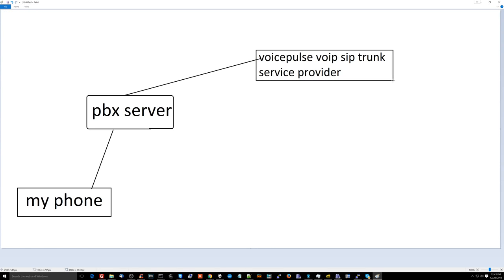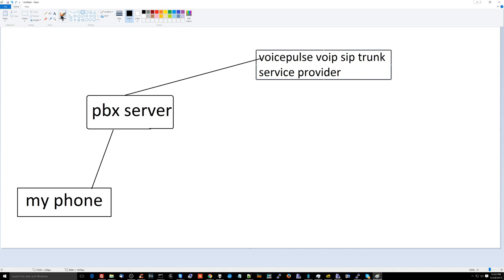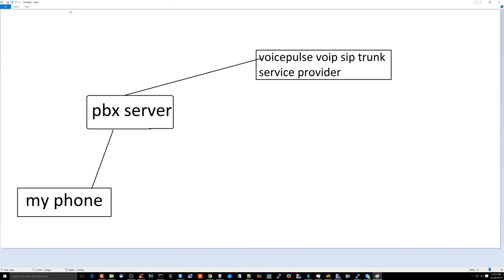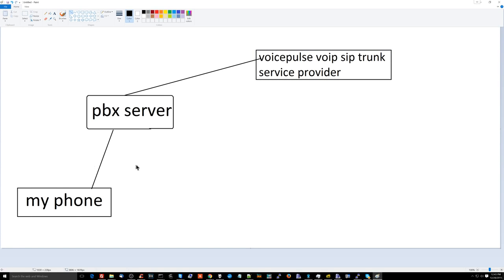They're very, very good. Their service has always worked for me. Now, VoicePulse is then going to connect me to the public switched telephone network. The public switched telephone network is the rest of the world. So again, my PBX is going to be dealing with all of my internal phones. The public switched telephone network is what's going to be dealing with the rest of the world.